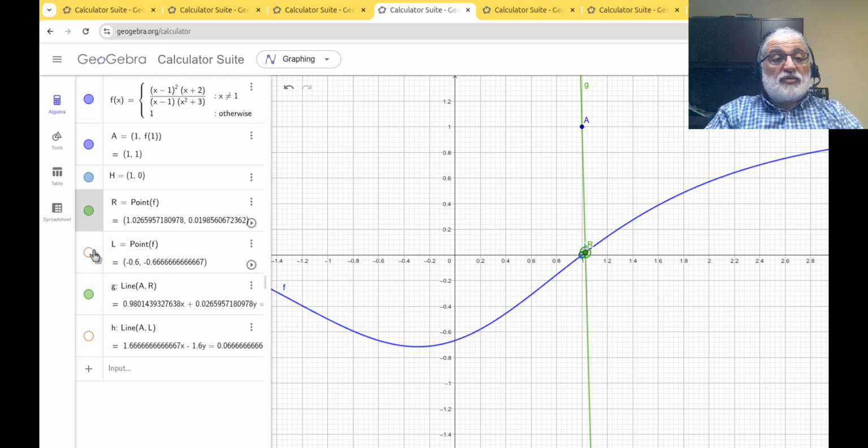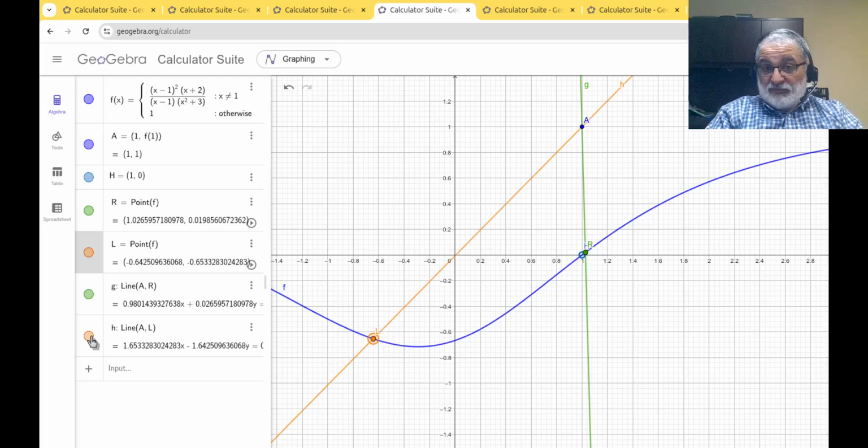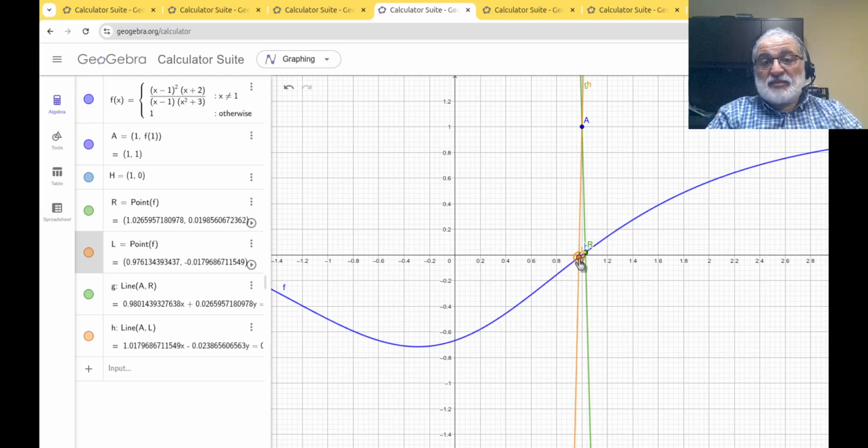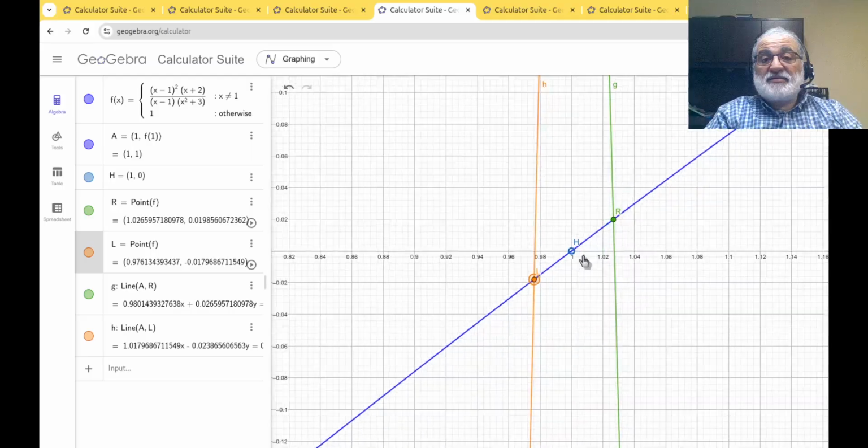But what if we come from the left side? So this is the point on the left, right here. And we're going to connect this point with the point on the graph of the function. We will do the same thing. We will bring this point closer and closer. And as we bring it closer, what is happening to this secant line? It's approaching a vertical line. And if you don't believe me, let's just zoom in a bit.